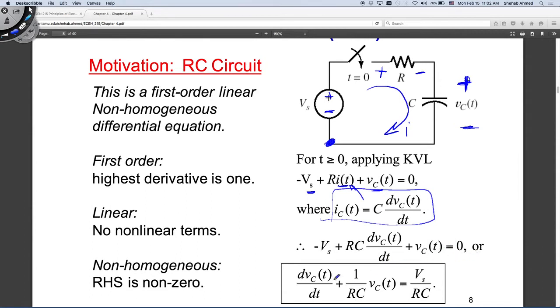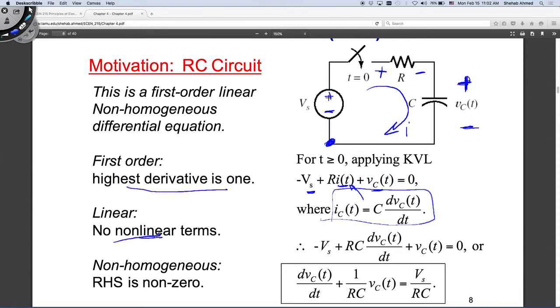Or I can rewrite this by dividing by Rc, just because it's going to be interesting for us to have Rc together, and I'll explain why later. If I divide it, then I end up with a first order differential equation, because the highest derivative is 1.